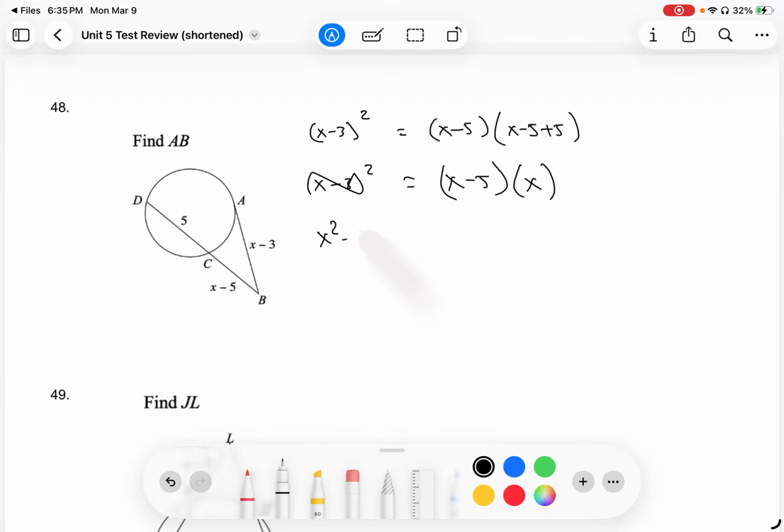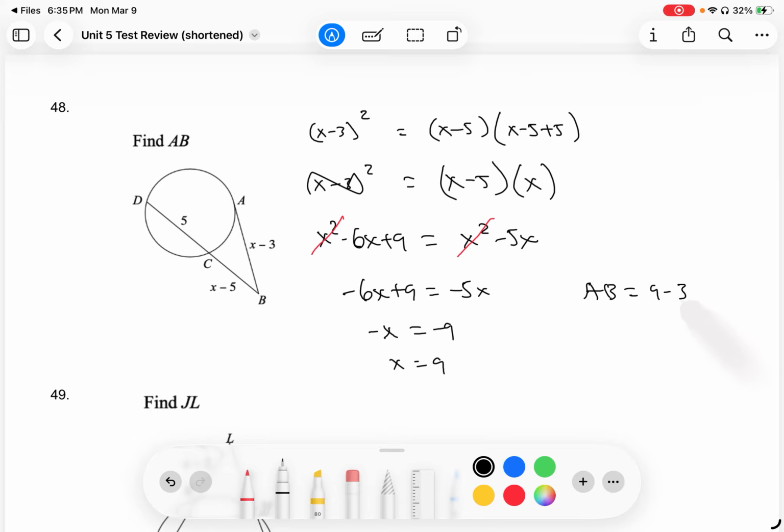So x squared minus 6x plus 9 equals x squared minus 5x. Lucky for me, the x squareds can be subtracted from both sides. I get negative 6x plus 9 equals negative 5x. Add the 5x, subtract the 9, I get negative x equals negative 9, so x equals 9. So if x equals 9, AB equals 9 minus 3, which is 6.